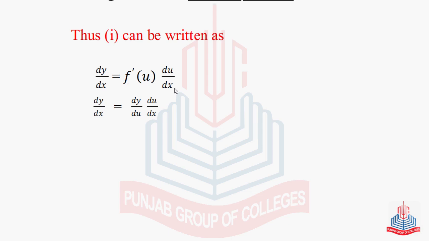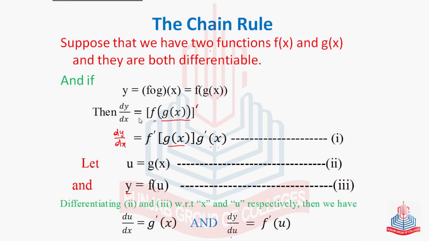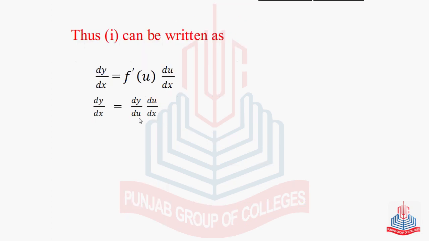When we put the values, f prime of u was dy by du, so that will become dy by du in place of f prime of u, and then du by dx will be as it is. So that is actually our chain rule, in which the derivative dy by dx is equal to dy by du, a first derivative, and then the derivative of u with respect to x, that is du by dx. By joining these two derivatives, we calculate our required result, which is dy by dx.